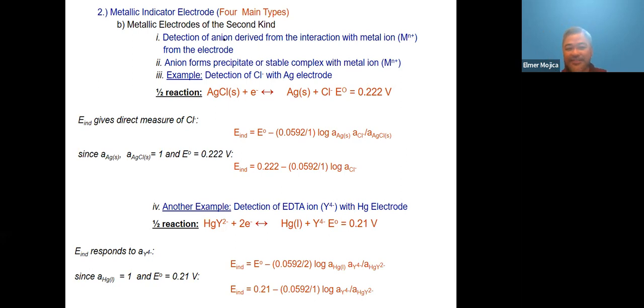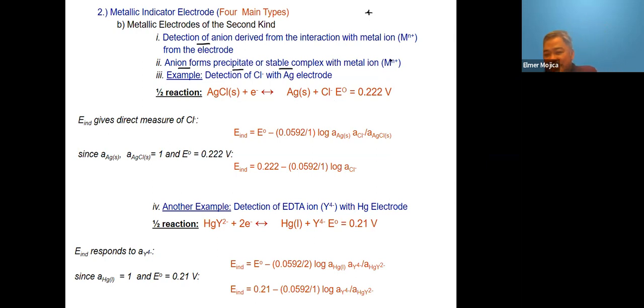Okay, so here usually since your metal ion is always what? A positive sign, a cation. So if you have the second kind, it will detect the anion that will interact with your metal ion from the electrode. And in this case, usually the anion forms a precipitate or stable complex with the metal ion.